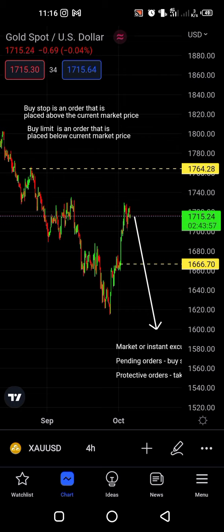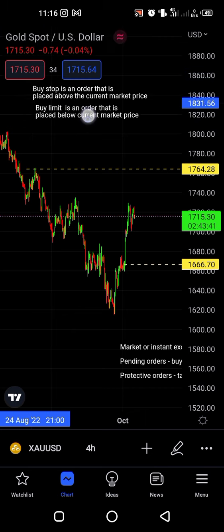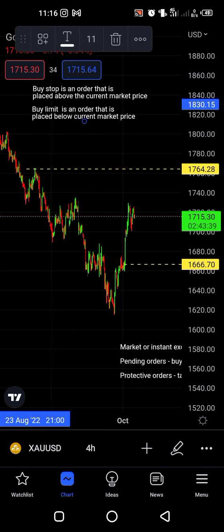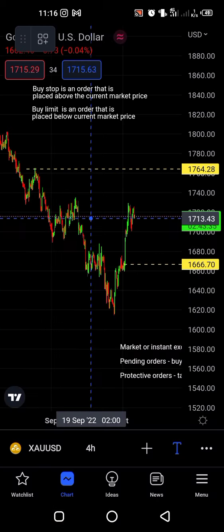But if the current market price is not a price at which you want to sell, you can use your pending orders. We'll talk about the sell stop first, just like we talked about the buy stop and the buy limit. Now let's talk about the sell stop.